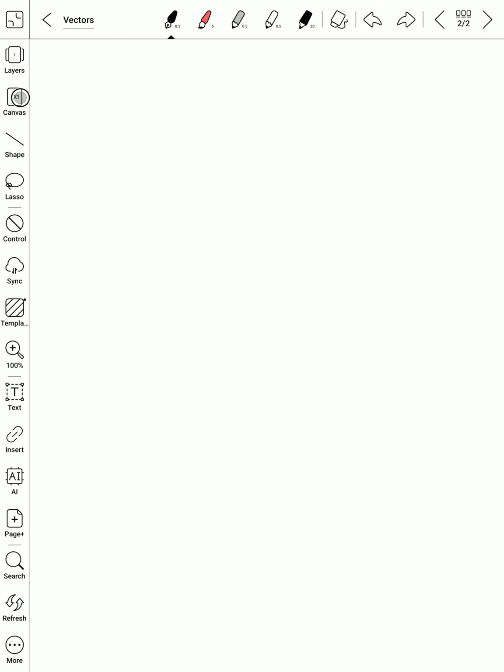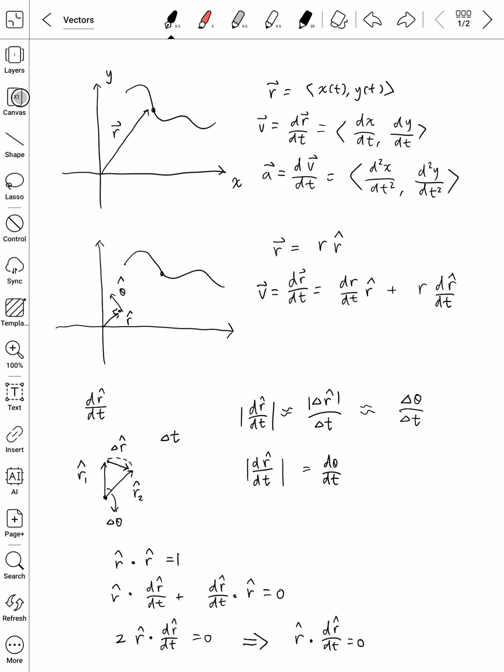Okay, so now that we know the magnitude and direction of the vector, we can express it. So dr hat dt equals, in this case, since we're assuming that r hat is moving in a clockwise direction, I'm just going to assume that theta hat is not in the counterclockwise direction, but instead in the clockwise direction to make things simpler.